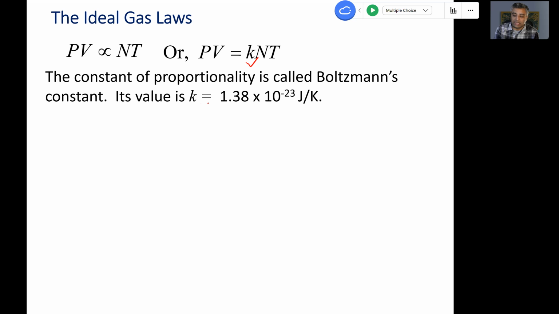And k turns out to be that number, and this is another standard constant. Remember, we had Avogadro's constant, and now we have the Boltzmann constant. Avogadro's constant was a very large number, and this Boltzmann constant is a very small number.